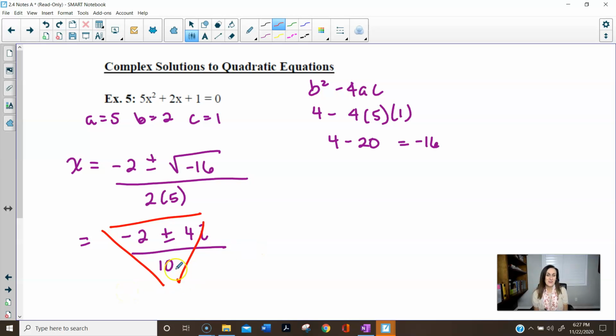So sure enough, 2 goes into 10, 5 times. 2 goes into 4, 2 times. And 2 goes into -2, -1 time. Final answer, drum roll: -1 plus or minus 2i all over 5.